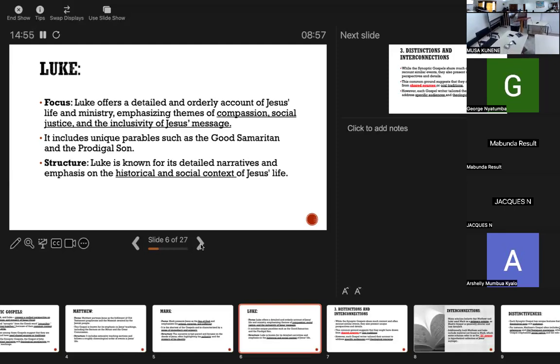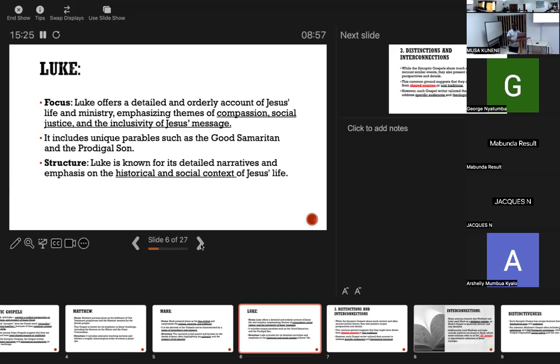So in his account, Luke includes unique parables, like the Good Samaritan, and the prodigal son, which is unique to Luke. You don't find that in the other Gospels. So Luke has a slant towards people in the margins of life, and he is quite inclusive in his writing.